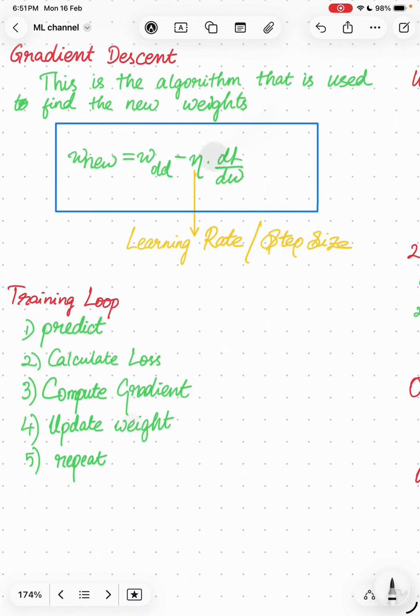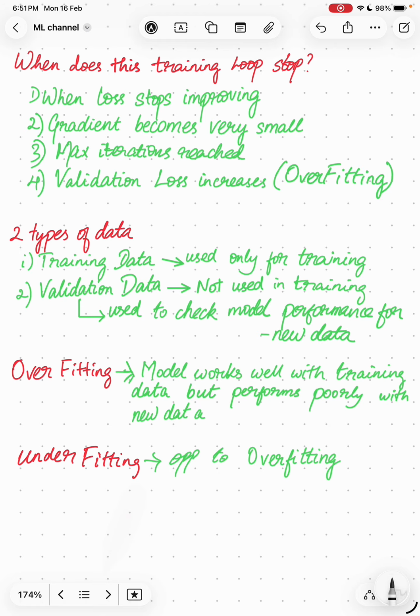Because if this gradient becomes very small, and η is going to be constant, there would not be much significant difference between the new weight and the old weight. So there is no point in calculating all of that again and again. And the people who build these models would set the maximum iterations for which they would like the training to run, because training a model is very expensive.